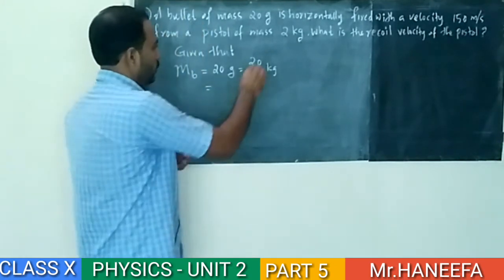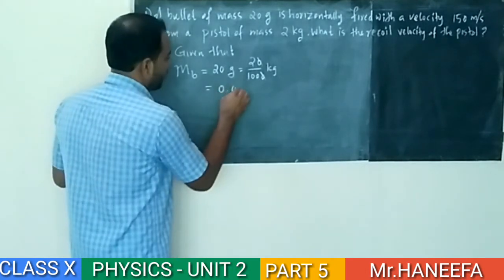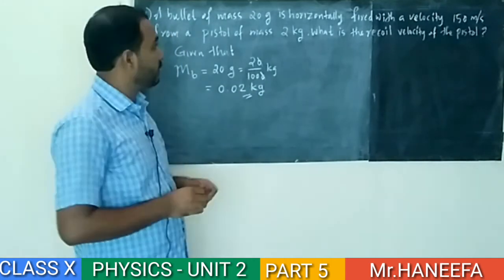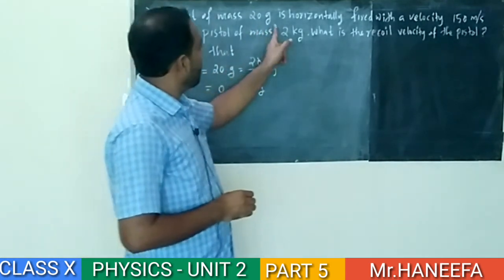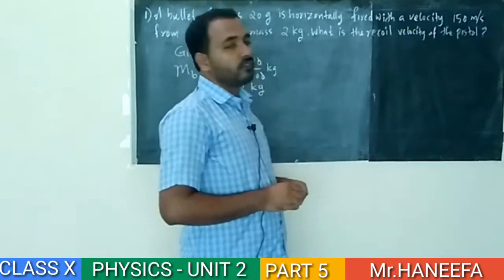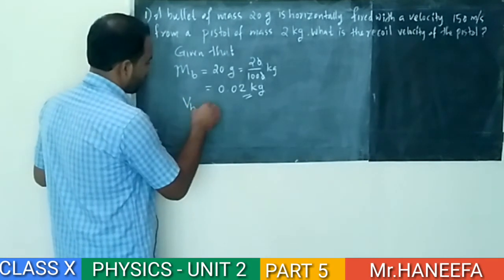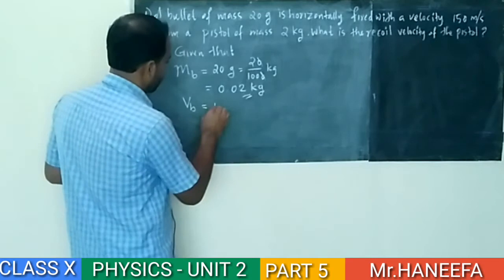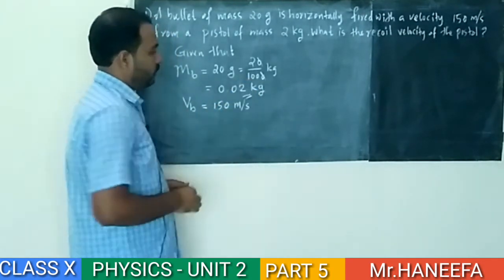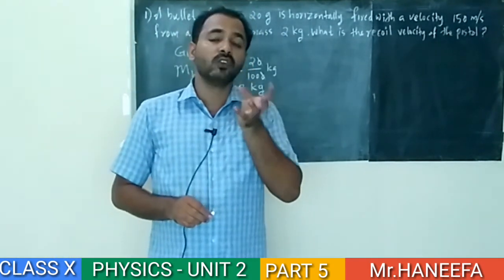The zeros cancel, 2 by 100, 0.02 kg is the mass of the bullet. The bullet is horizontally fired with a velocity 150 meter per second, so vb equals 150 meter per second.